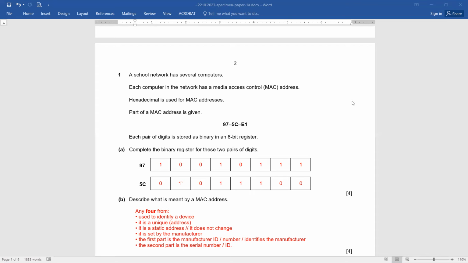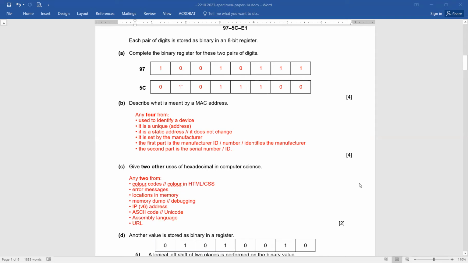The first part is the manufacturer ID or number, and it is identifying the manufacturer. The second part is the serial number or the ID. If you have written any 4 points from the given list, then you will definitely be able to score 4 out of 4 very easily.